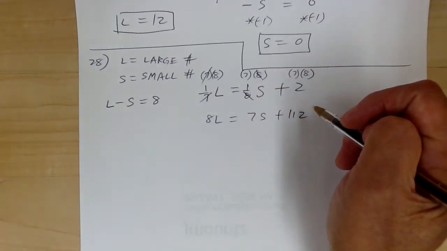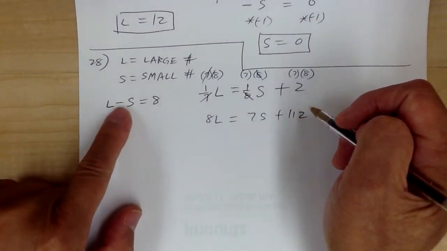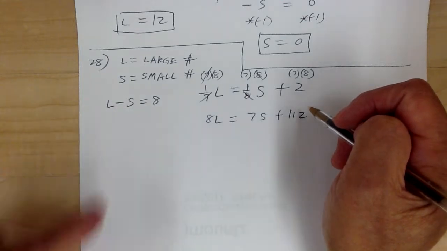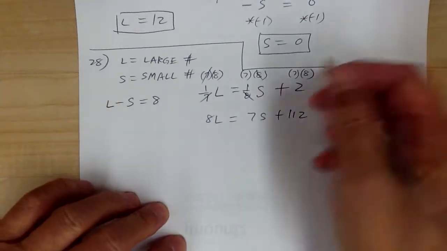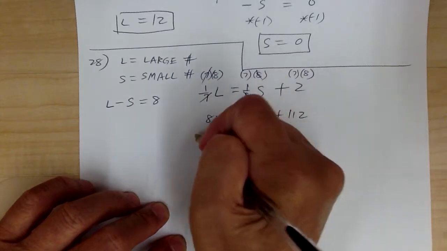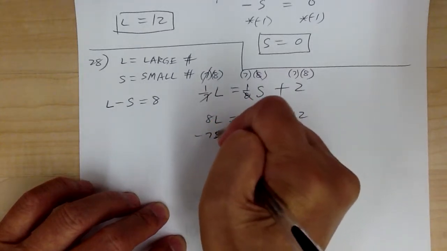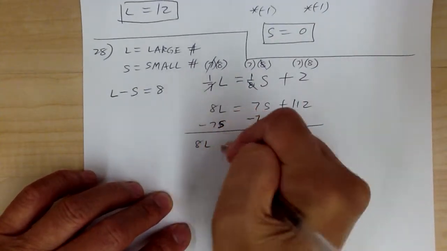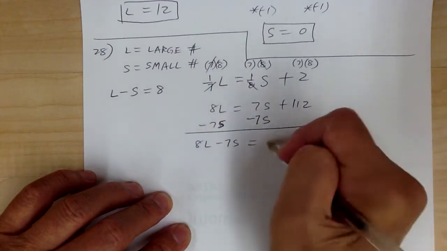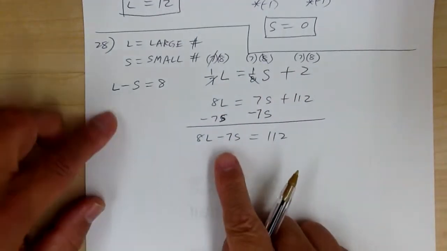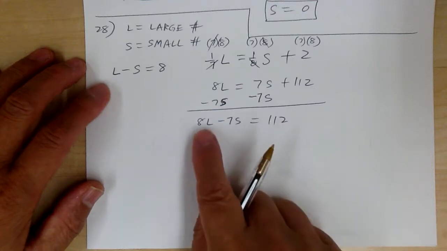Then I'm going to move this over to make it similar to that, or another option is you can move this over to substitute, but let's do this. Minus 7S, so I have 8L minus 7S equal to 112.